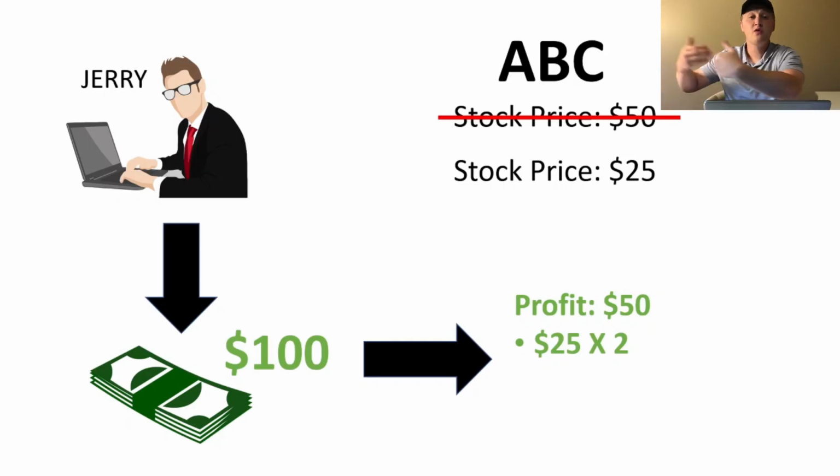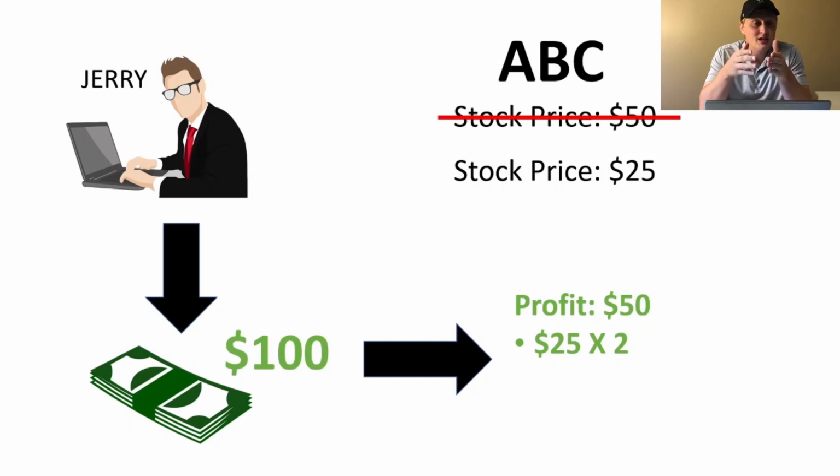So he's returning $50 or 2 shares, and he keeps the other $50, $25 for each share, because that company's price went down. So he's just keeping the difference. And essentially that's how short selling works if it's in your favor.